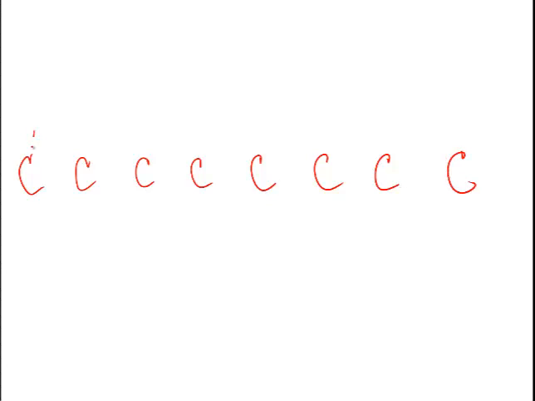I'm going to draw the same 8, well, it won't be exactly the same 8 because I'm drawing them again, but we're going to have 8 carbons across the screen. 1, 2, 3, 4, 5, 6, 7, 8. And the same beginning and the same end.